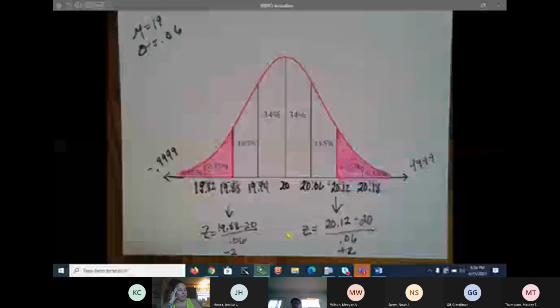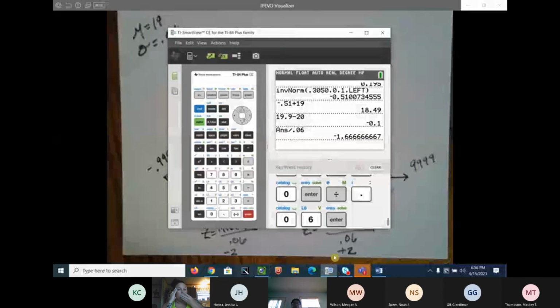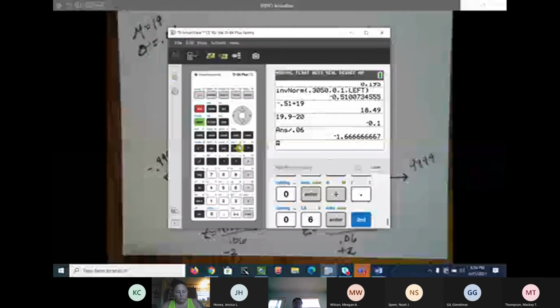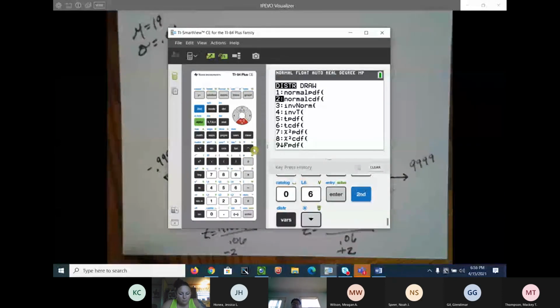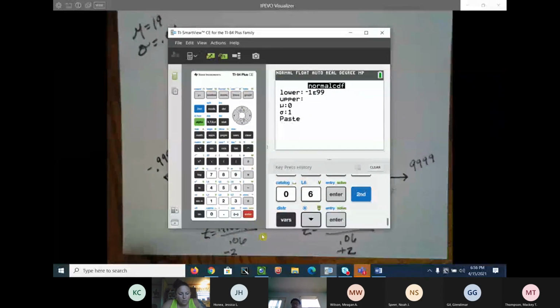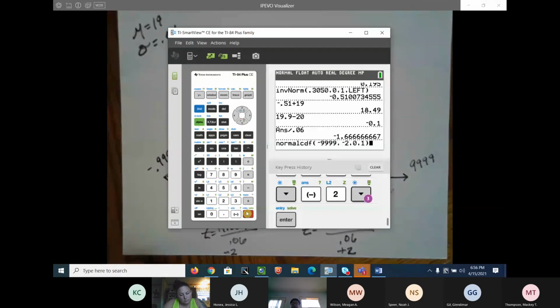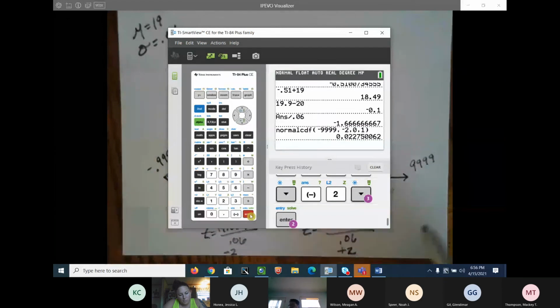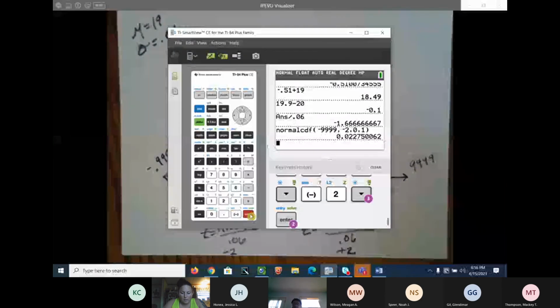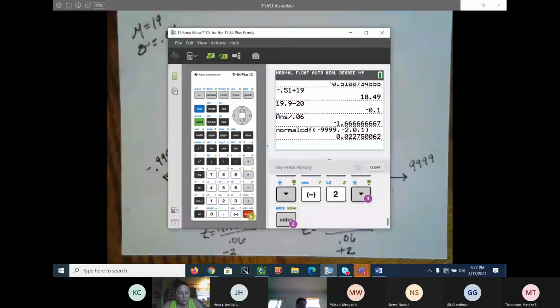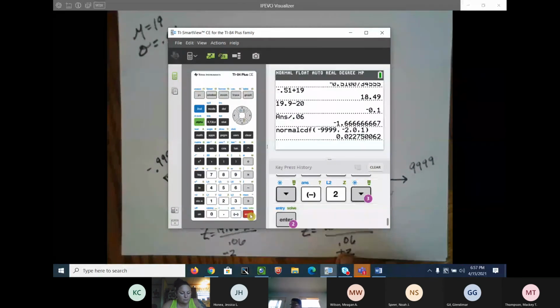So let's go with normal CDF, negative 9999 to negative 2: 0.0228. Now go to the right side, from positive 2 to 9999.